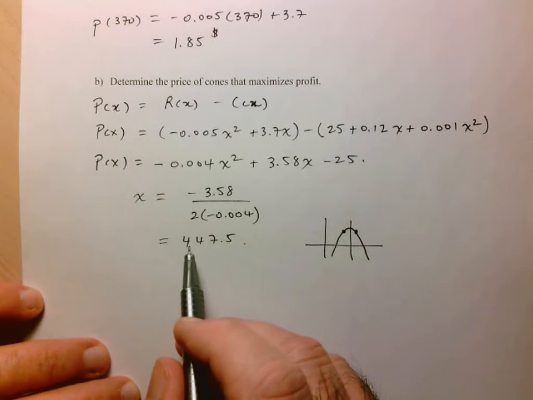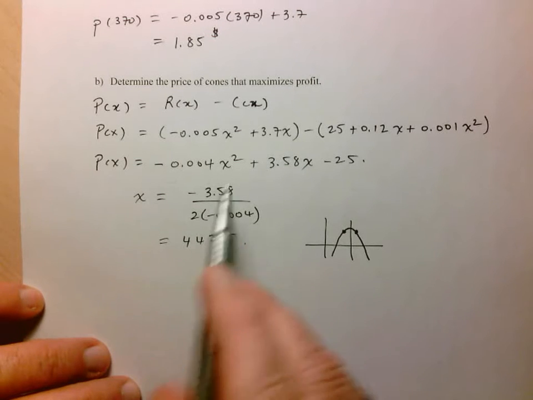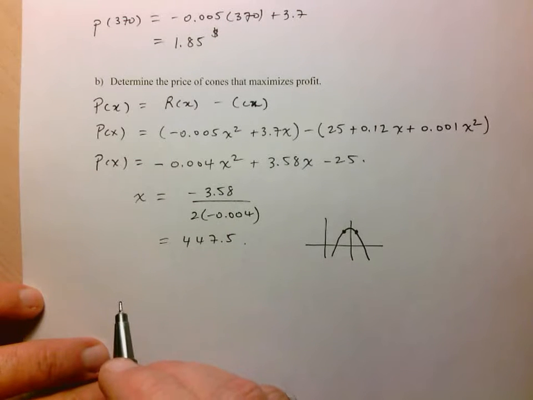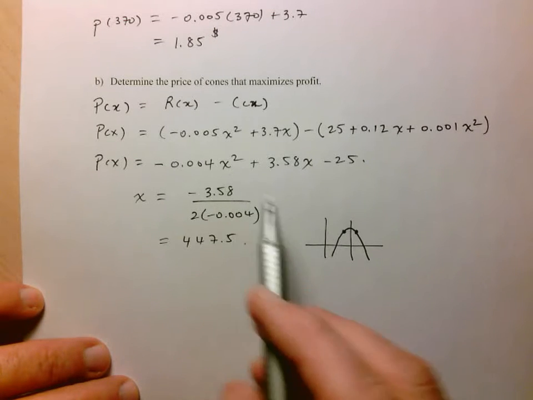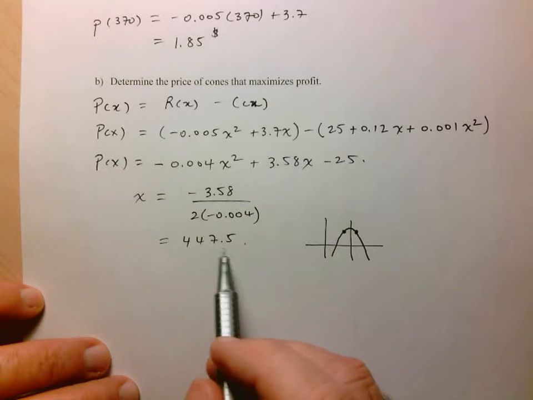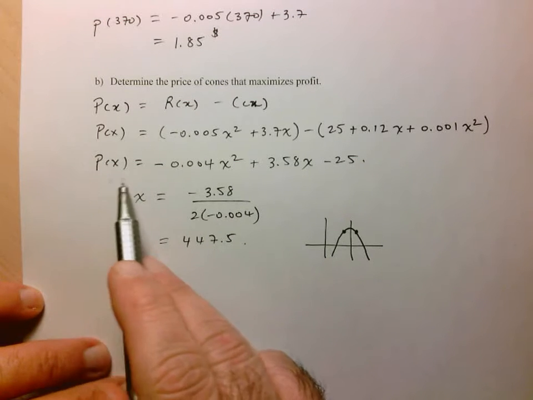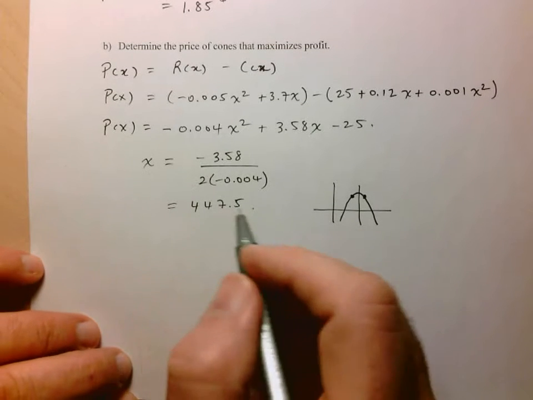So whether I choose 447 or 448, it should give me the exact same profit. Say this wasn't a quadratic function where we knew it was symmetrical about that local maximum. Then you'd have to check 447 and 448 and see which one of those two actually gave you the higher profit.